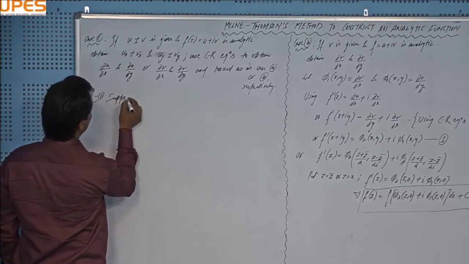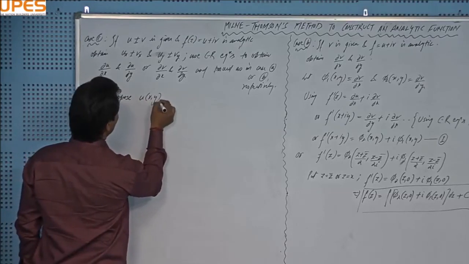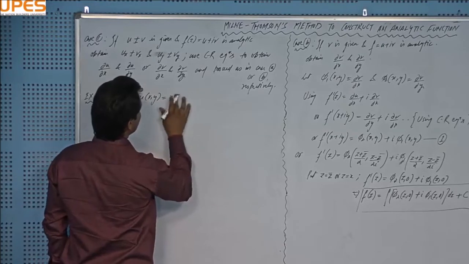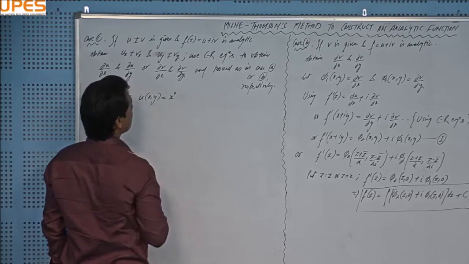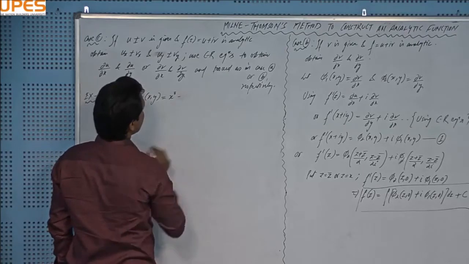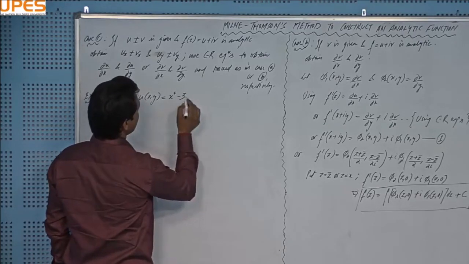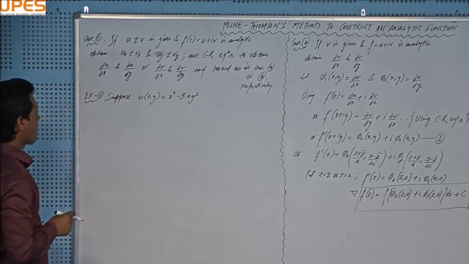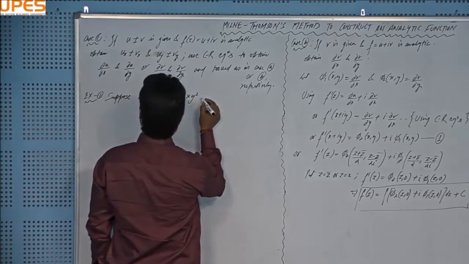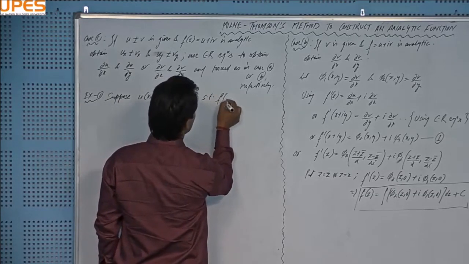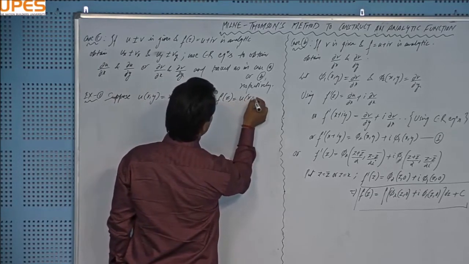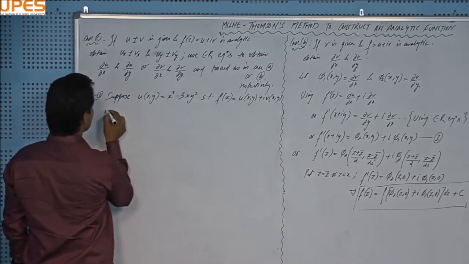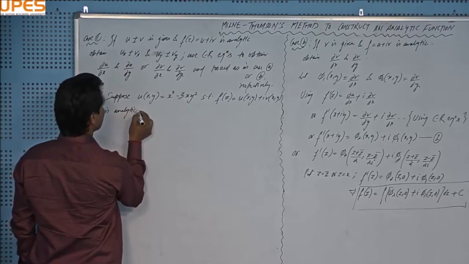Suppose u(x, y) equals x cube minus 3 times x y square, such that f z equal to u(x, y) plus eta v as a function of x, y is analytic.